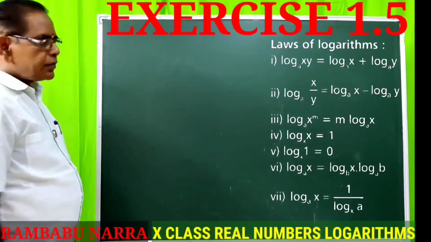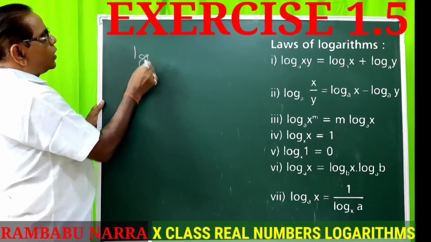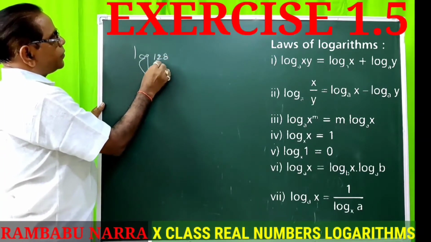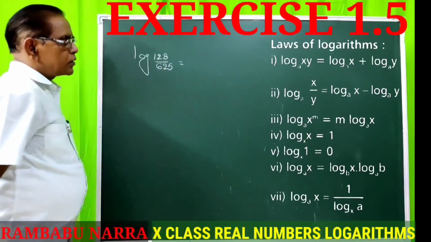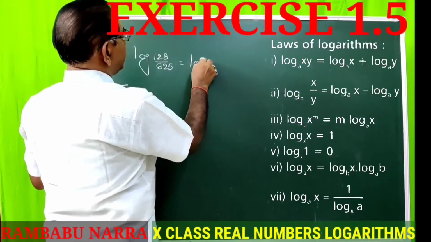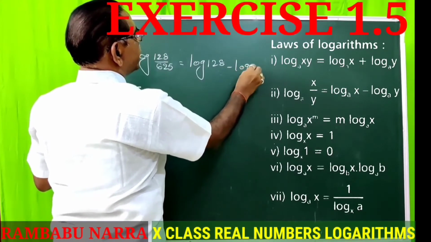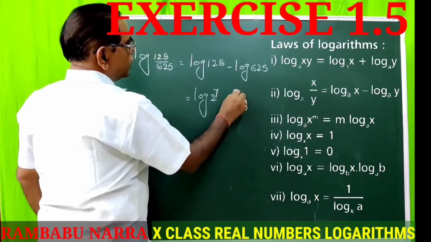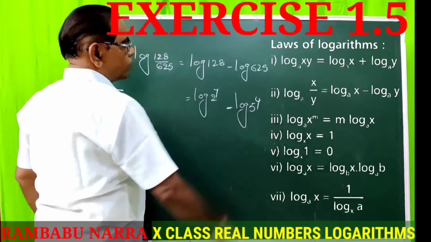Next, the fourth problem: expand the following, log 128 by 625. First you use the formula log A by B, so log 128 minus log 625. 128 is 2 to the power of 7, and 625 is 5 to the power of 4.